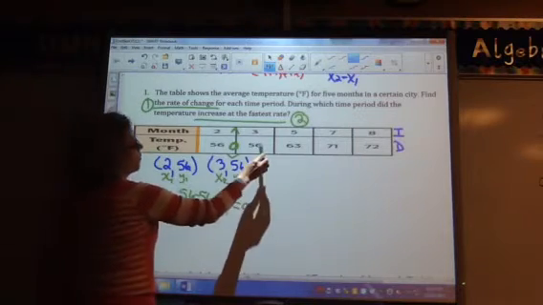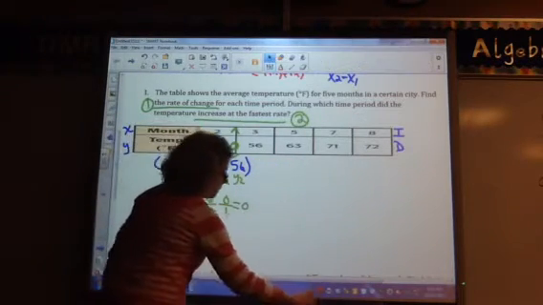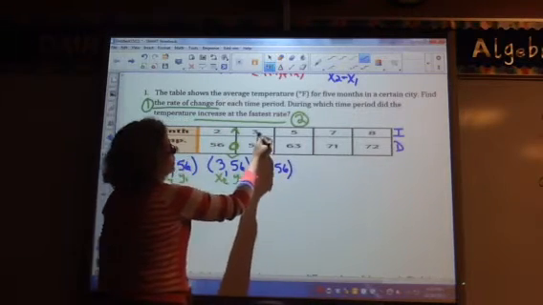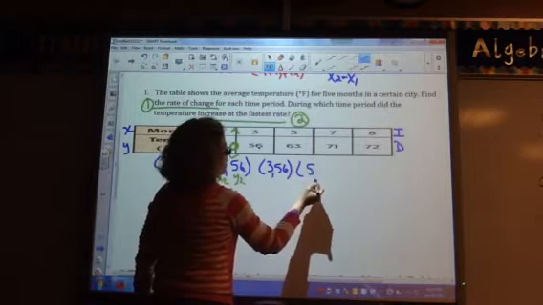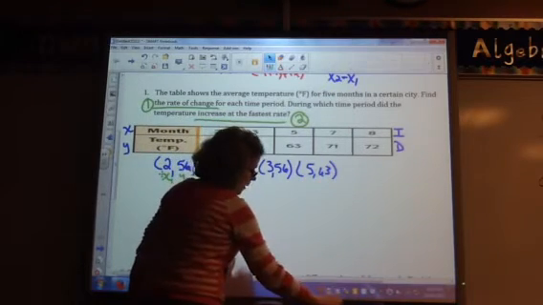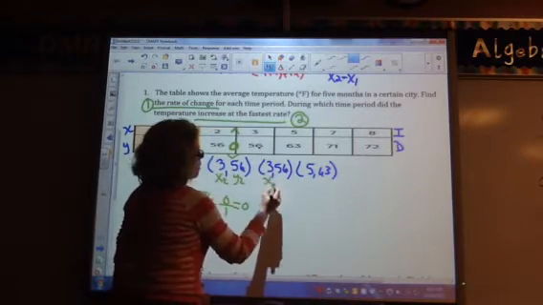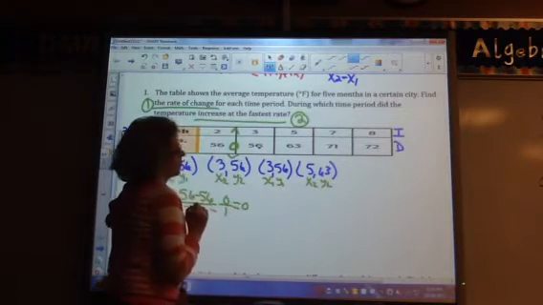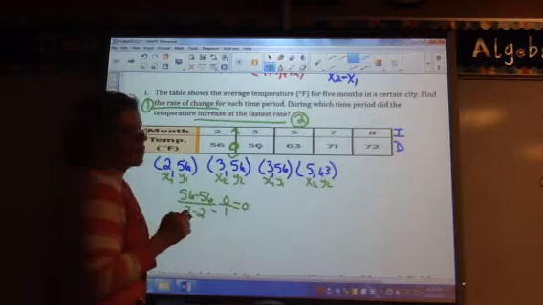Okay? Now we go from this month to this month. So my relation or my point is 3, 56. 5, 63. I have my first point and I have my second point. And we're going to find the rate of change by using our slope.